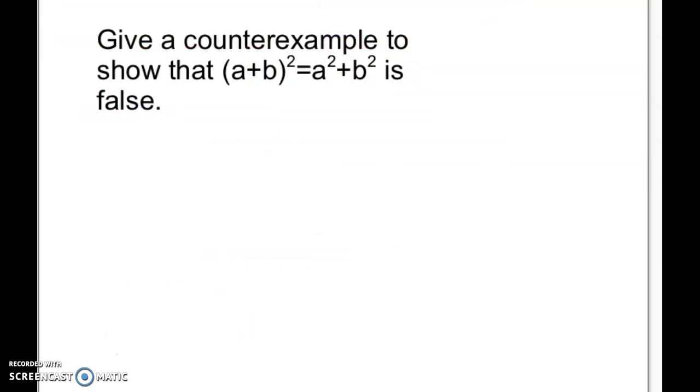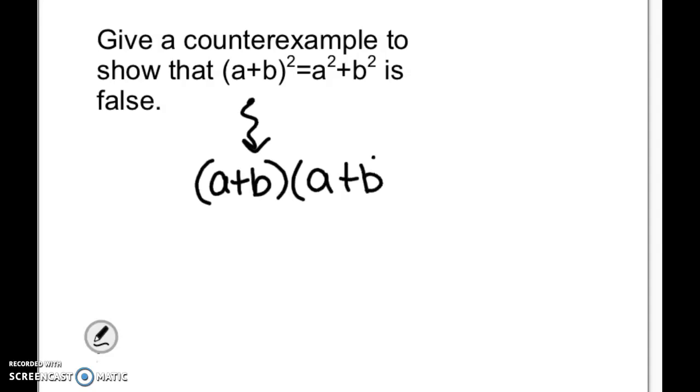Okay. So some people think that (a plus b) squared is the same as a squared plus b squared. And pause, this is higher level thinking. If you could come up with a counterexample, that means a reason that's not true, that kind of proves that it's false. Higher level thinking. So accept the challenge and try it. Otherwise, one thing that you could do is just show how you would actually solve it. (a plus b) times (a plus b).